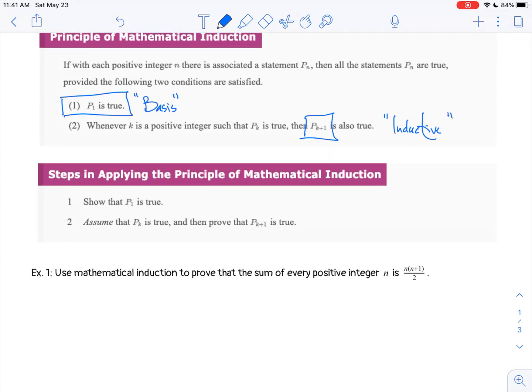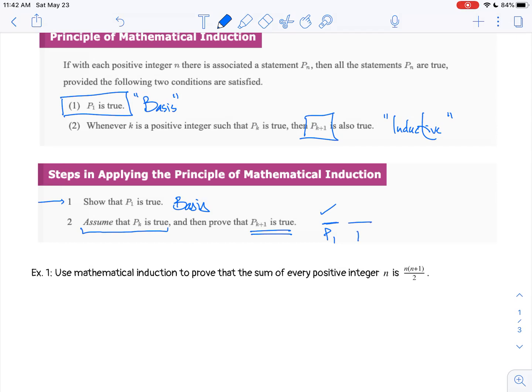A little bit more of a summary is that we're going to start by showing that p sub 1 is true. Again, this is our basis. Then we're going to assume that it's true for some random p sub k and prove that it's true for p sub k plus 1, or the next term. Think about it like we've got our p sub 1, and we show that that's true.